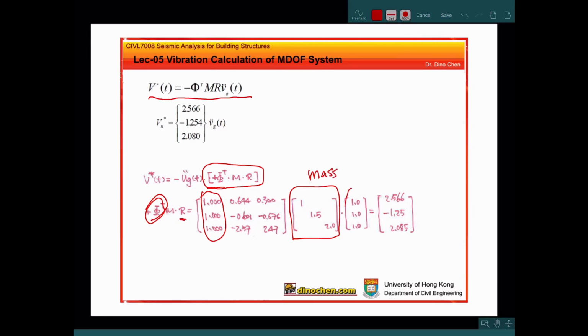R is a vector where all the elements are equal to 1.0. This is the unit vector. And then after we compute, we find these 3 digits. This is the external load, or we call it the loading factor, the external loading factor for each different mode.